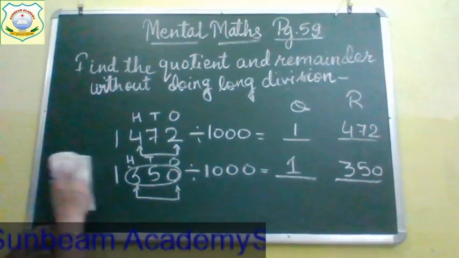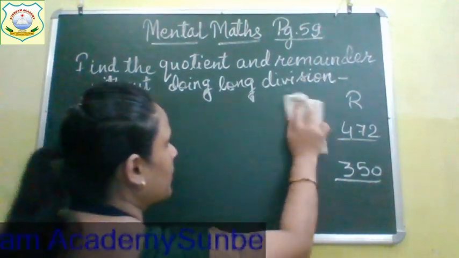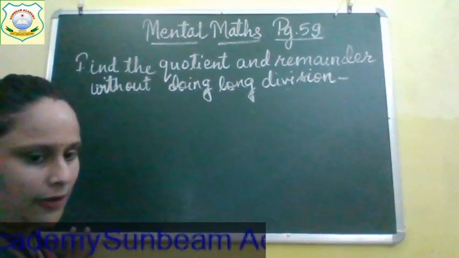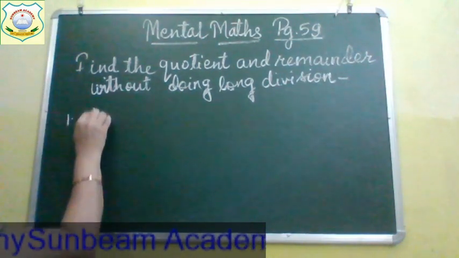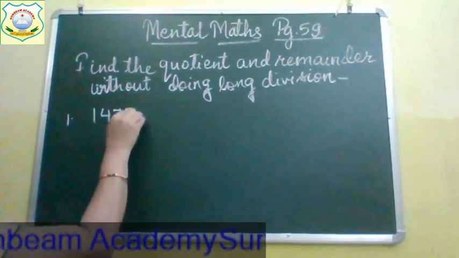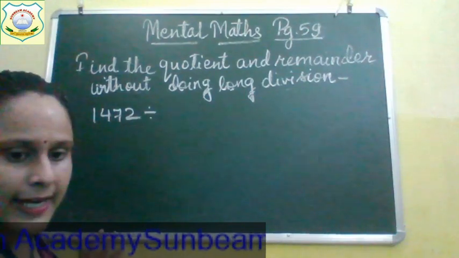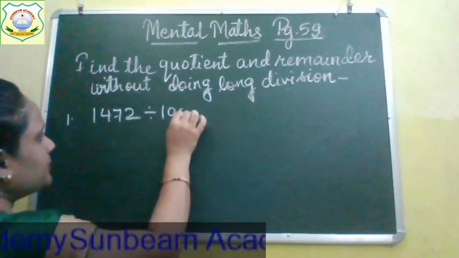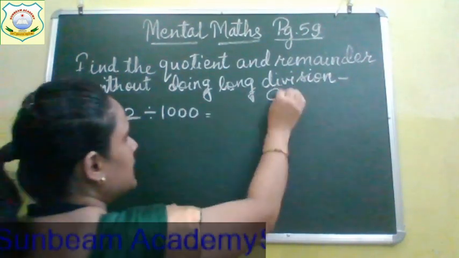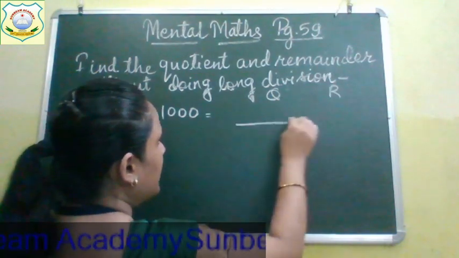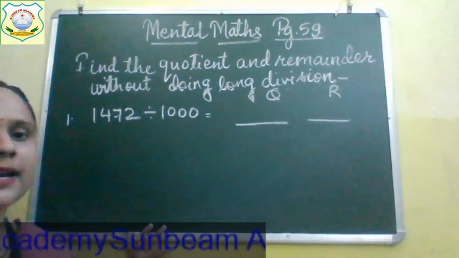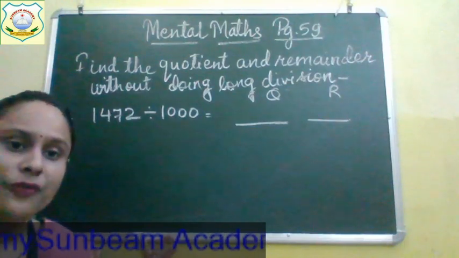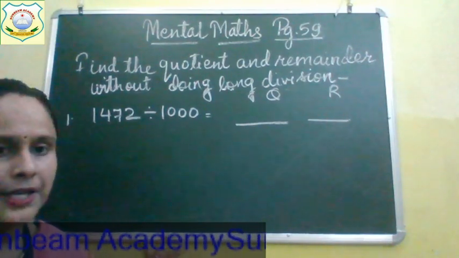Now all of you start doing it in your book. See the first question, all of you. Your first question is 1472 divided by 1000. How much is the quotient and how much is the remainder? Without using the long division method, we have to find the quotient and the remainder.